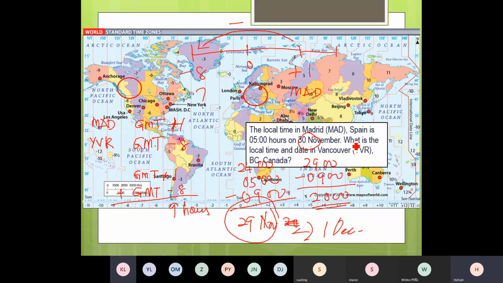It is because you borrow 1 day here so that you get another day from others, because you borrow 24 hours. That's why your time will be less by 1, so that's why it becomes 29.